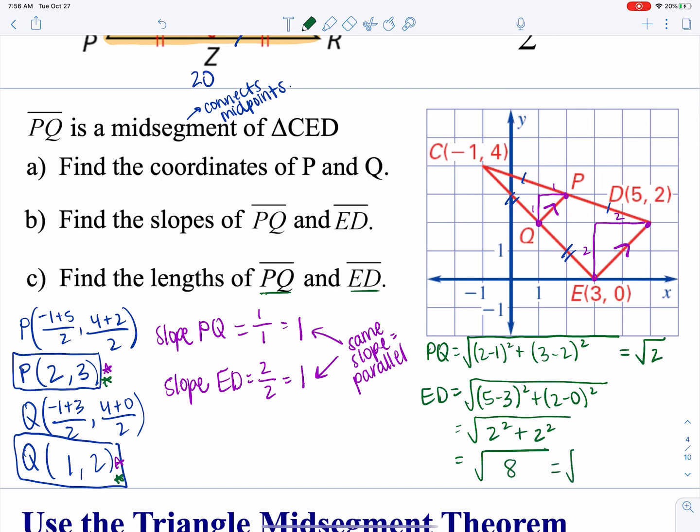So if I'm simplifying this, that's the square root of 4 times the square root of 2, and the square root of 4 is a whole number. It's 2 square roots of 2. And there you go. ED is twice as long as PQ. We could put a 1 out in front there. Or we could say PQ is half as long as ED.